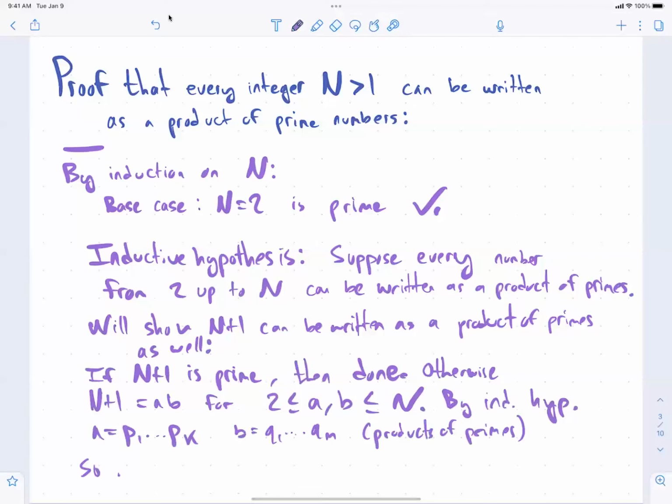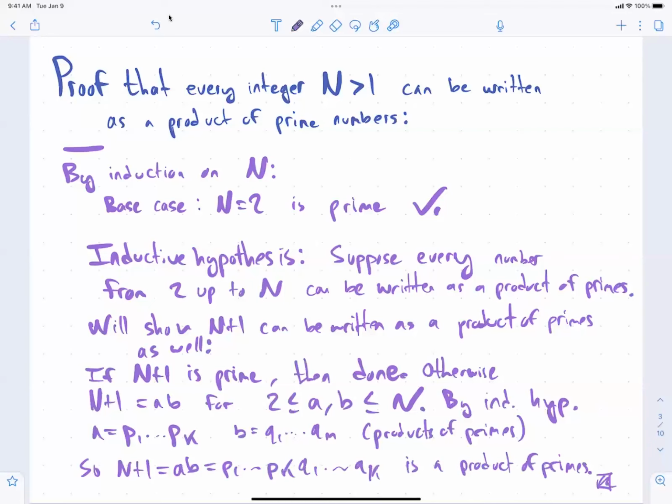So n plus 1, which is a times b, is just p1 through pk, the primes for a, multiplied by the primes q1 through qm for b. So that's a product of primes too. Okay, and so we're done.